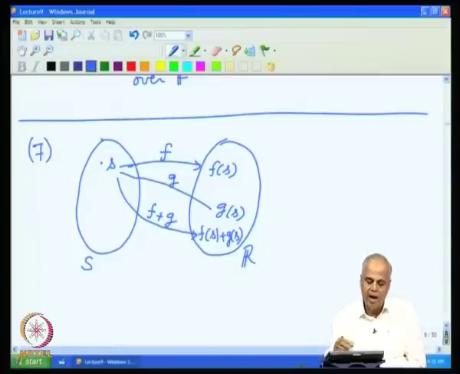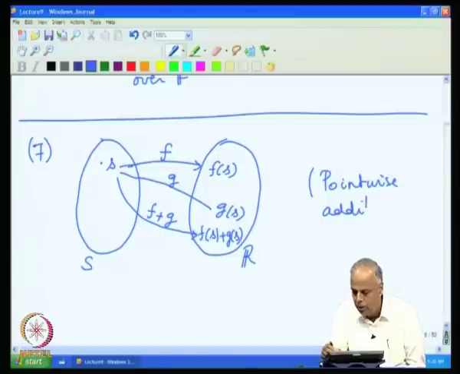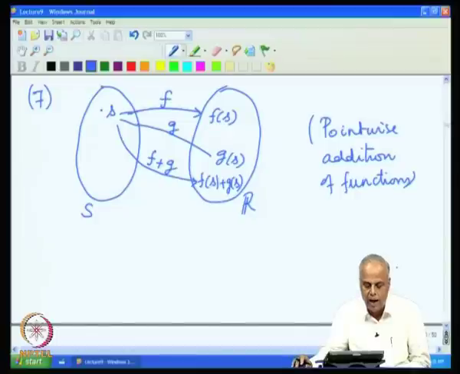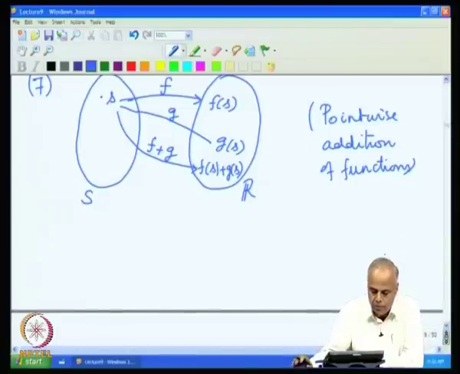Since we are adding the value at each point to get the new function, we call this addition of functions pointwise addition. That is, at each point the values of the functions are added. So, we now know how to add two functions from S to R.